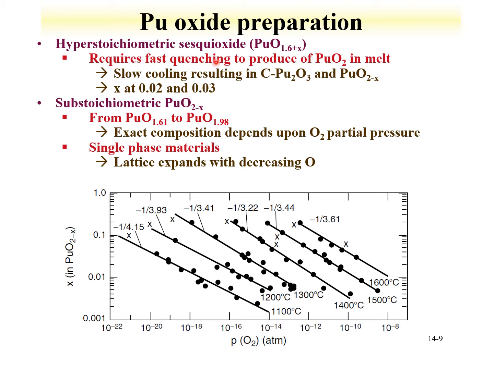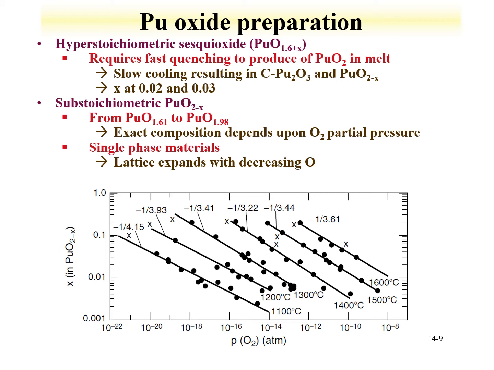So this hyperstoichiometric sesquioxide, PuO1.6+x, can be formed. These are related to the transition between plutonium-3 and plutonium-4, and substoichiometric, where we have PuO2-x, where we can have Pu go from 1.16 to a little under 2. Again, like uranium, you can tune what that x is.